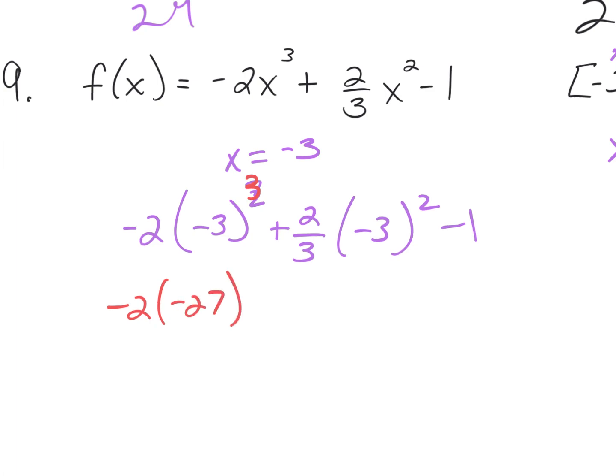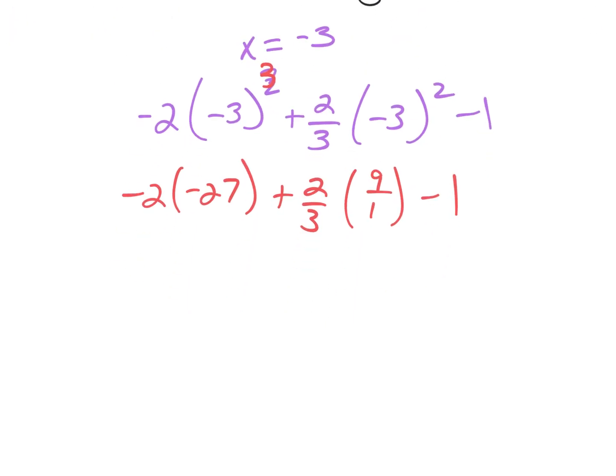All right, fine. So I have plus 2 over 3 times, what's -3 squared? So I'm going to write 9 over 1. And then minus 1. All right, this isn't that bad. A negative times a negative is a positive. So what's -27 times -2? 54. Positive 54.